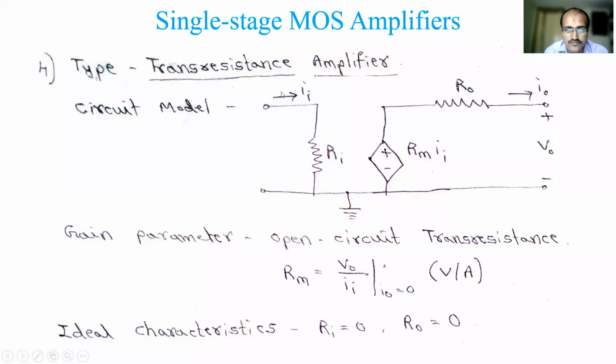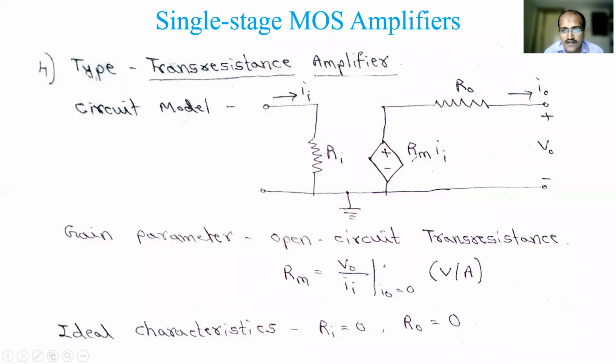Circuit model, so it looks like this. On the current amplifier side, input current Ii is there, Ri is there, and this is equivalent to the voltage amplifier output side, where you had the voltage dependent voltage source and a resistance in series with it, Thevenin's equivalent circuit. Here its ratio is now output voltage by input current, V by I, that's why it is R. For representing trans resistance, RM is written, so RM into Ii.